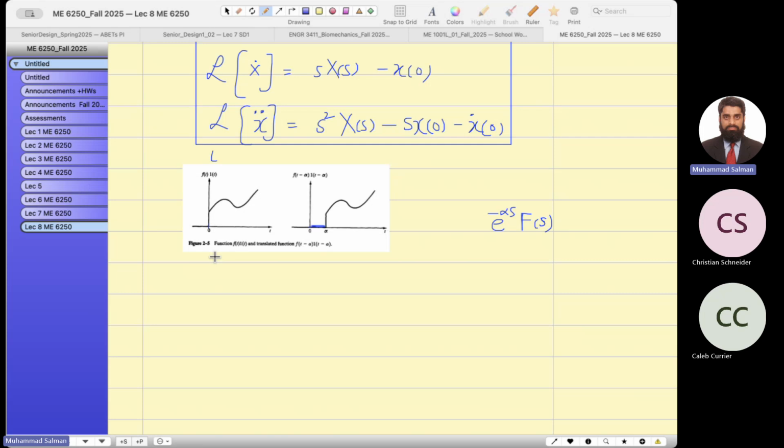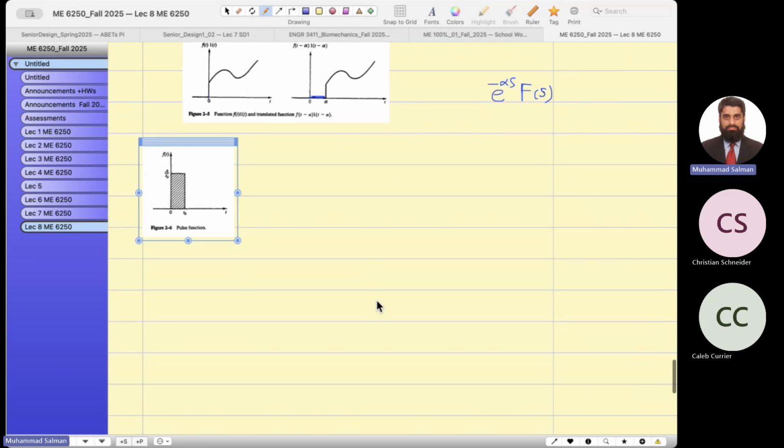So if you have a pulse, how are you going to show me the pulse formula? This is a pulse function. And what is the Laplace transform of a pulse function?